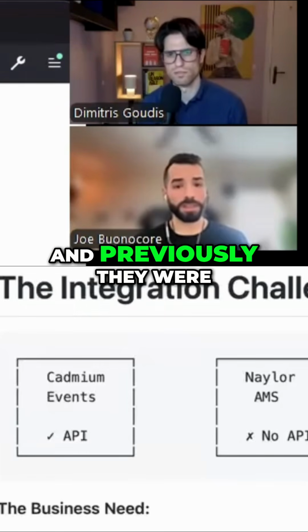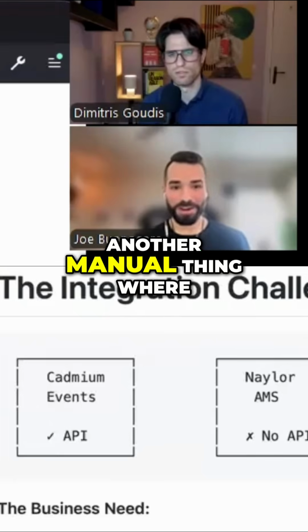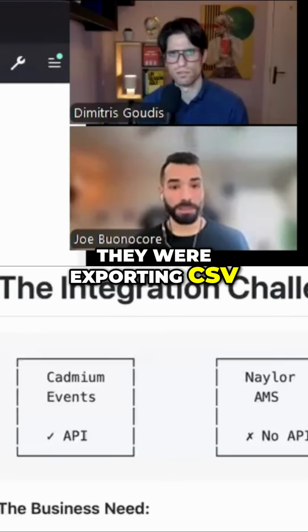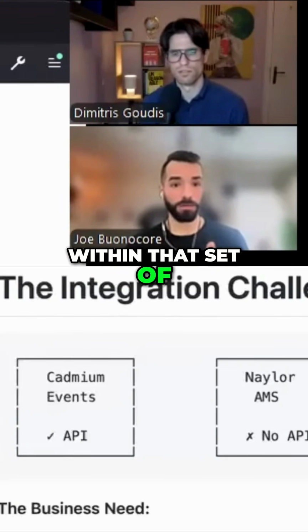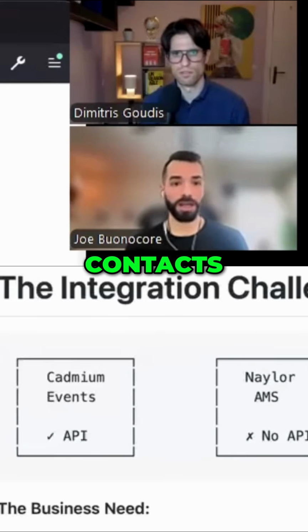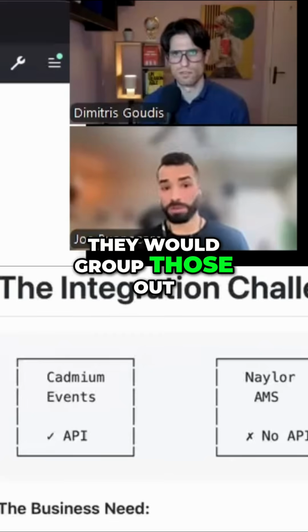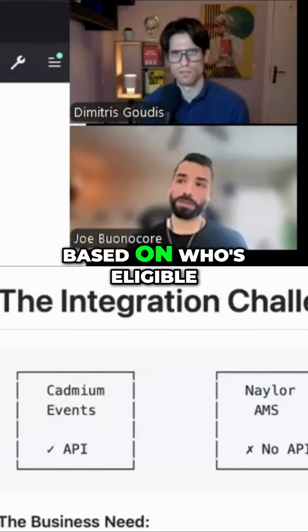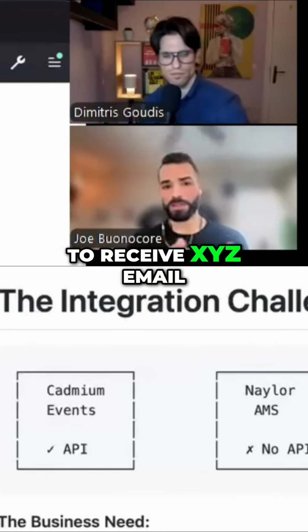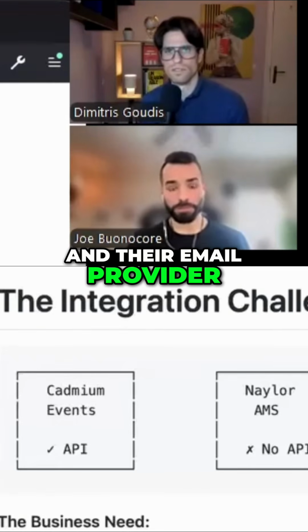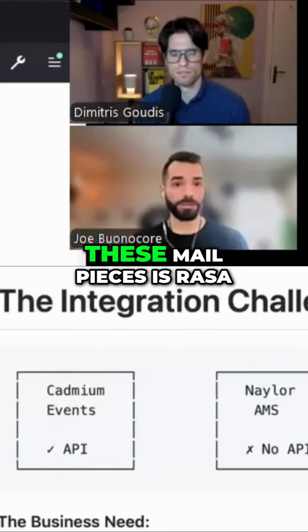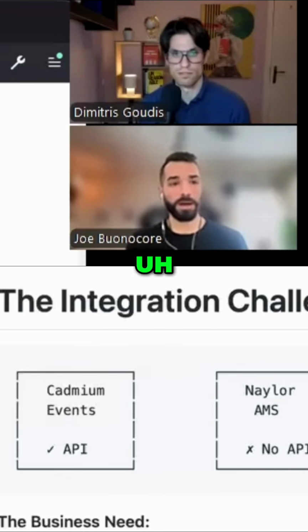And previously they were doing another manual thing where they were exporting CSV reports of specific groups within that set of customer data, client data, contacts. They would group those out, and the groups were based on who's eligible to receive XYZ email mail piece. And their email provider, the system that they're using to put out these mail pieces, is Raza IO.